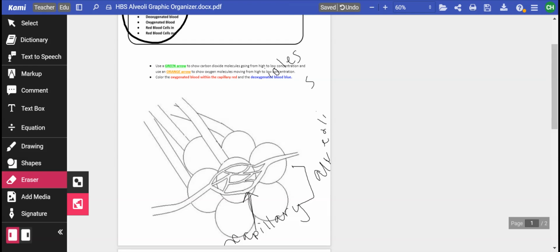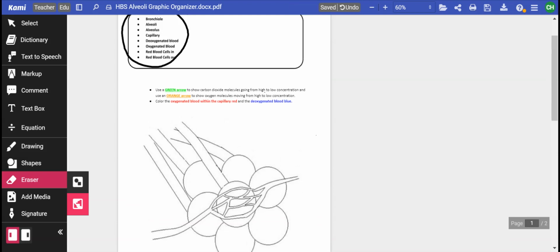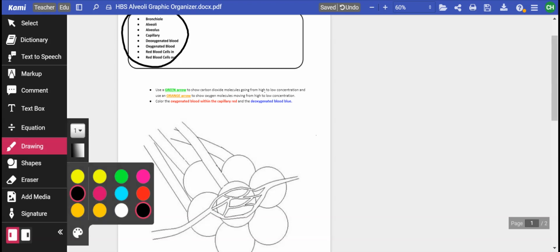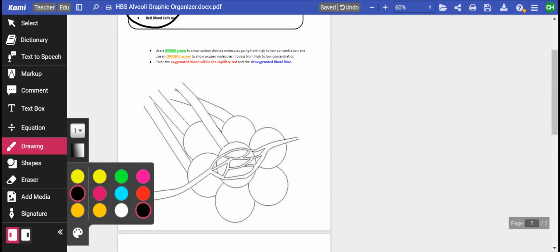Okay, so the purpose of the alveoli in general is to help us do gas exchange, right? We know that our body needs oxygen, but just like our body needs oxygen, we have to get rid of carbon dioxide. So for the sake of this diagram, the first thing we have to do is label the direction in which the blood is flowing.